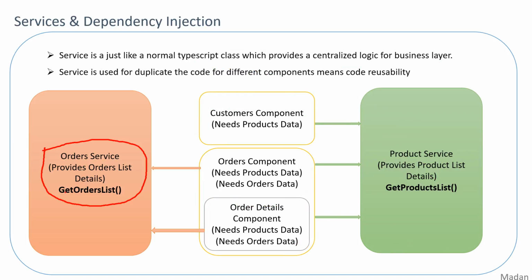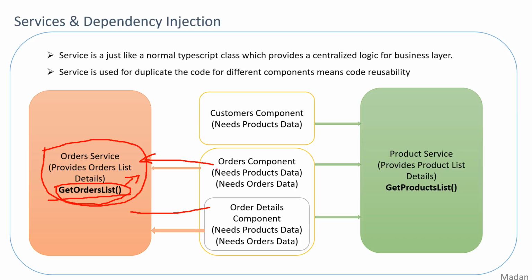The order service contains getOrdersList, based on which I am fetching the orders from the DB. So if any component needs to display the orders, that component can create an instance of this service and fetch the orders list.